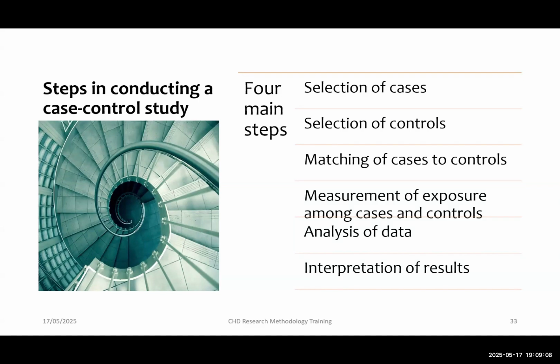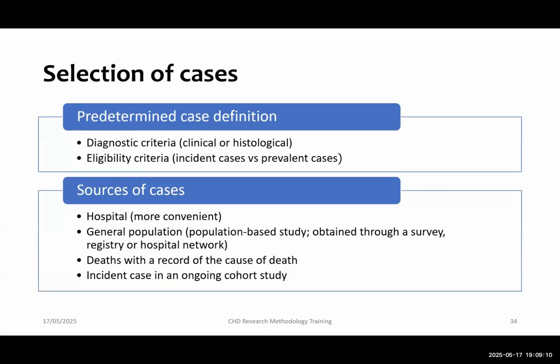So how do you select your cases? In selecting cases, you must have determined beforehand what your diagnostic criteria would be, or how you will decide that somebody has cancer of the lungs. How do you make that diagnosis? You must state it before time.